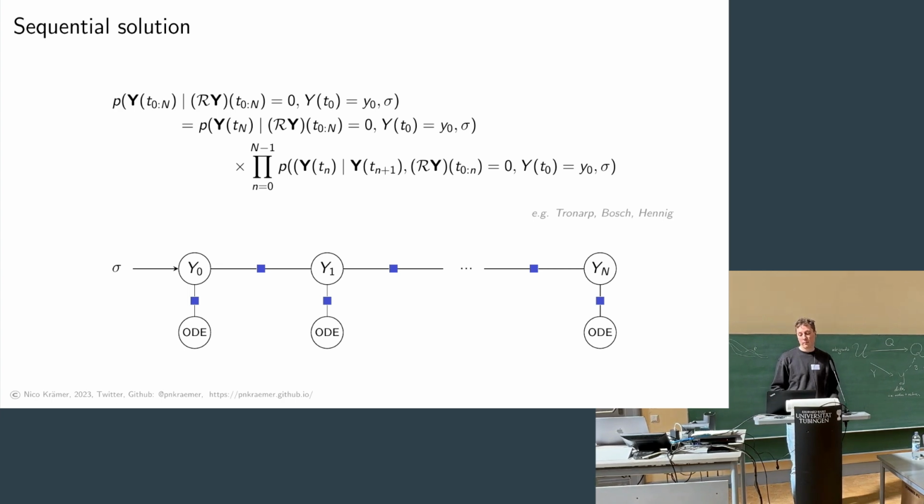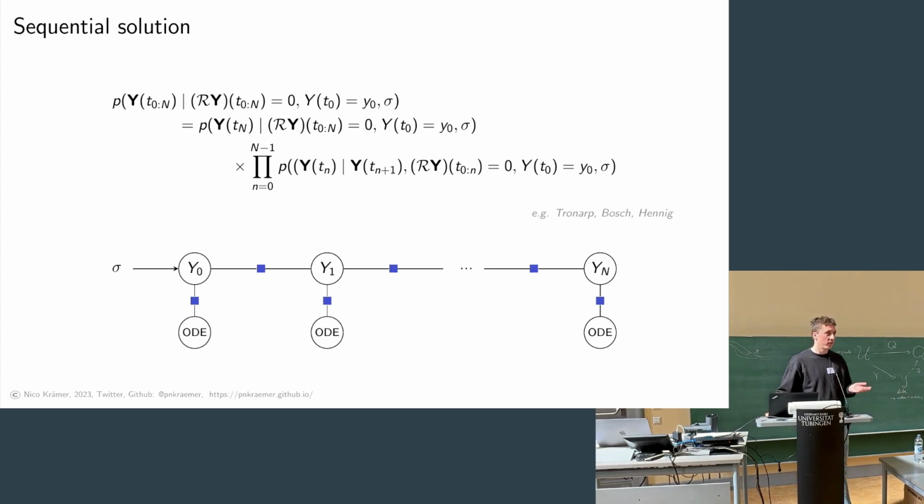So essentially what we're building is this hidden Markov model type thing where we have our variables y at 0, 1, and so on, and we have some ODE constraints, and from knowing the joint distribution between y0 and y1, and then y1 and y2, and so on, we can compute extrapolations, backwards transitions, all sorts of things. And the same from the joint distribution, or any approximation of the joint distribution, between y0 and the ODE. We can do corrections, we can compute likelihoods, we can do all sorts of things.